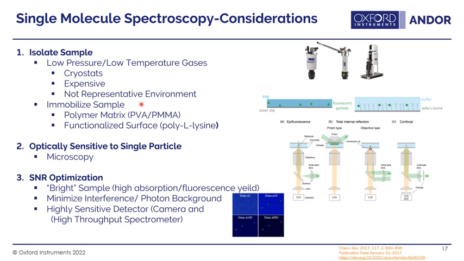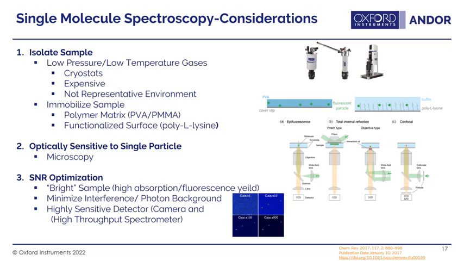Another way to do this is to immobilize the sample, and this can be done by using a polymer matrix like PVA or PMMA, or you could use a functionalized surface and take advantage of the chemistry interactions between the sample and the functionalized surface to immobilize your target molecule onto the surface.